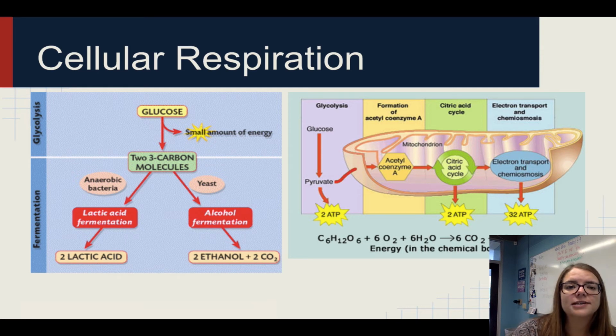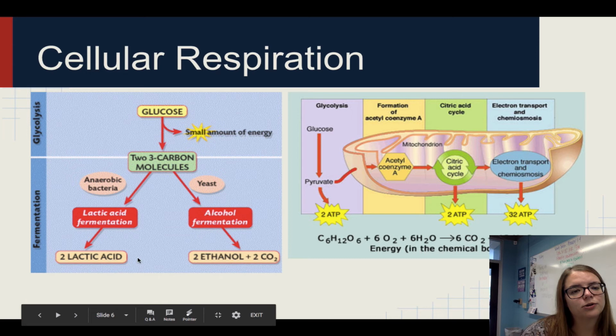You're going to eat lunch. That's going to give you those carbohydrates to carry out cellular respiration. So it's going to start with glucose, and glycolysis just takes that glucose and chops it in half to make pyruvate. And what you'll see over here is that anaerobic respiration does not require oxygen.